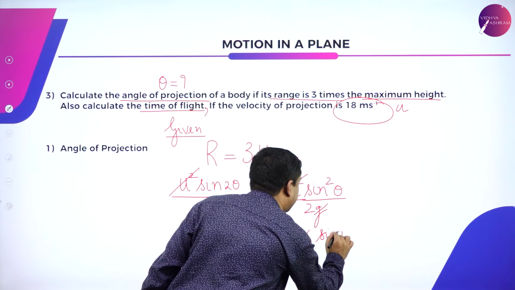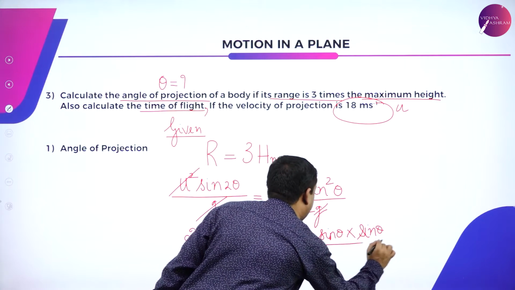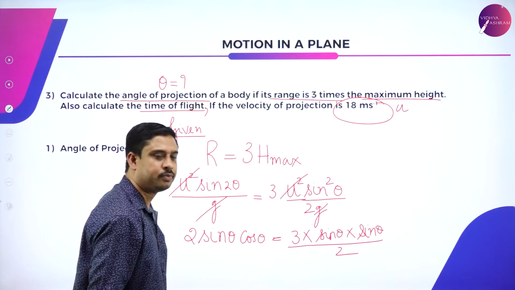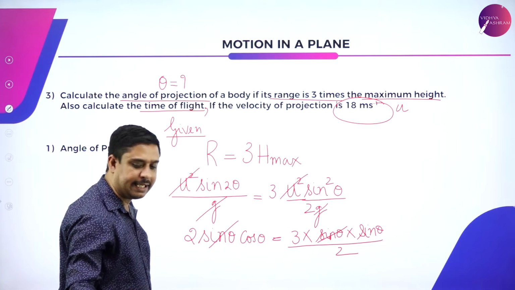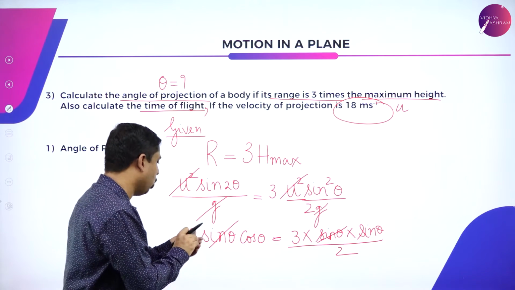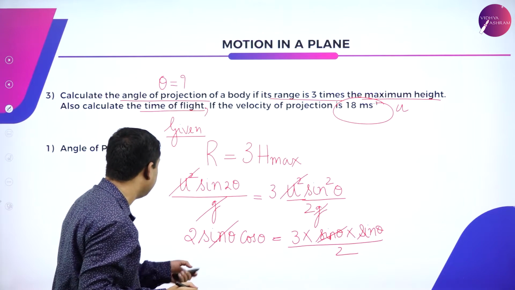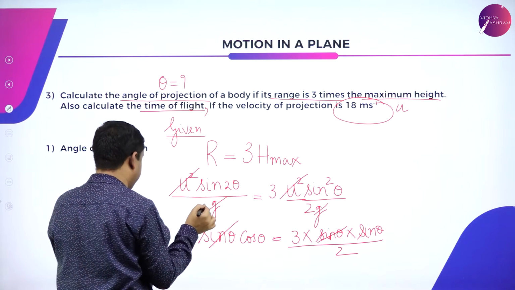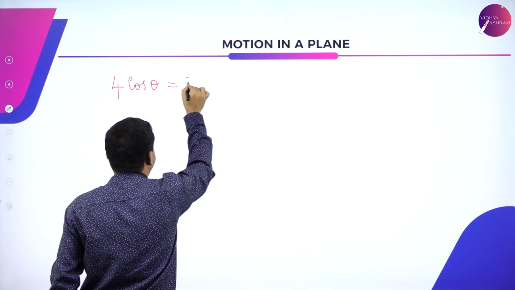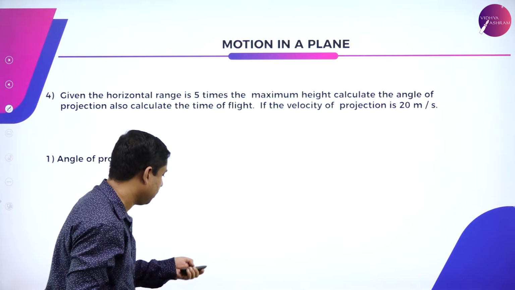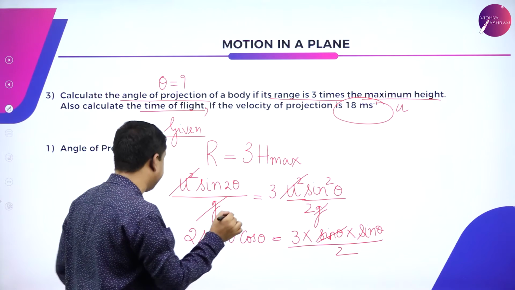Sine square theta is sine theta into sine theta divided by 2. A sine theta and a sine theta get cancelled. 2 into 2 is 4. So we have 4 cos theta remains. 4 cos theta is equal to 3 sin theta.